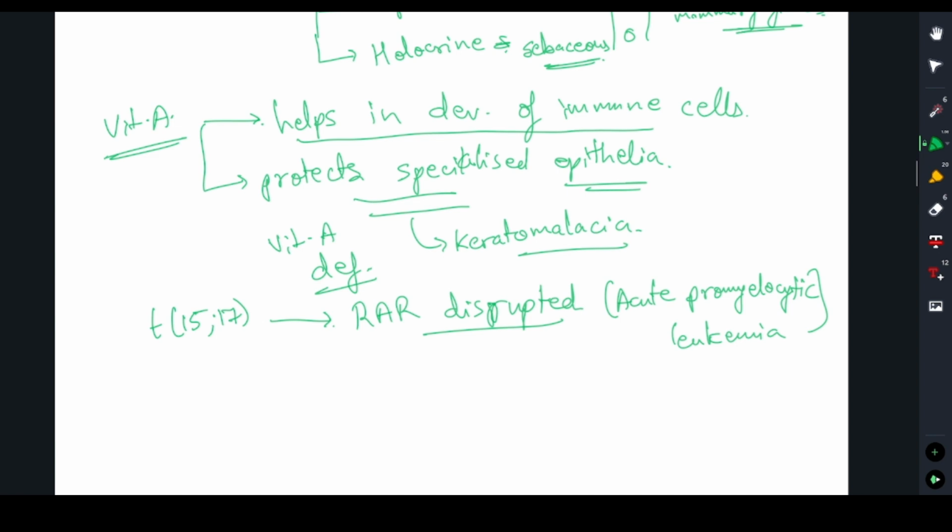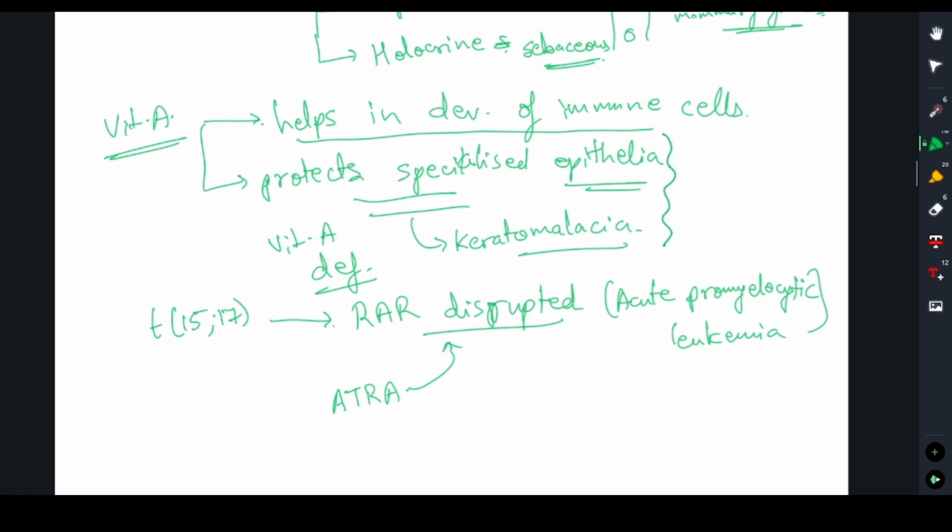To treat this condition, we give all trans retinoic acid, which can bring out some conformational changes in this disrupted retinoic acid receptor, and due to which it can facilitate the binding of retinoic acid with these receptors, right? And hence it will treat this underlying cause and lead to development of proper immune cells. So this was one point related to vitamin A.